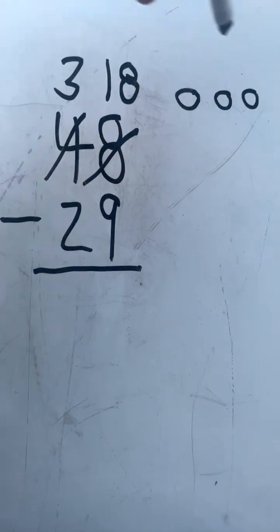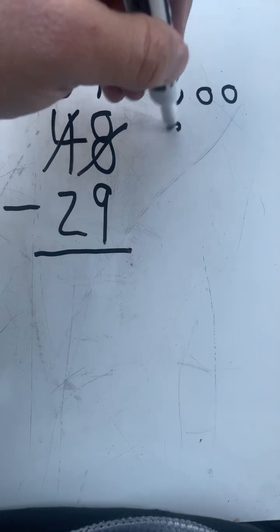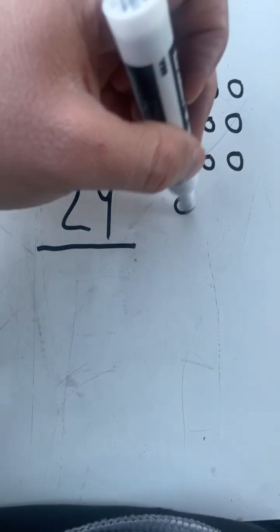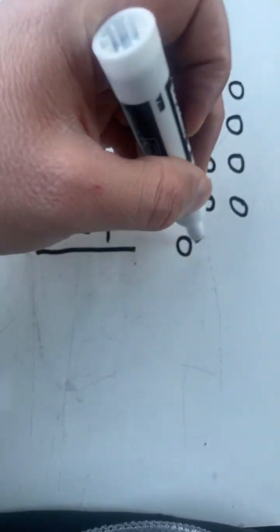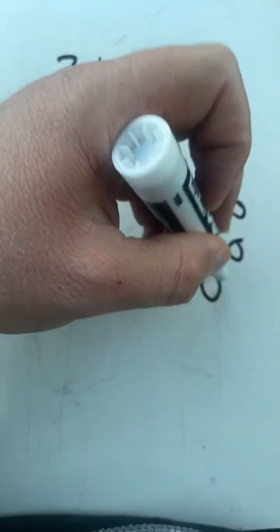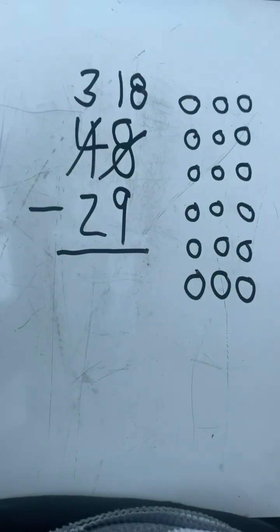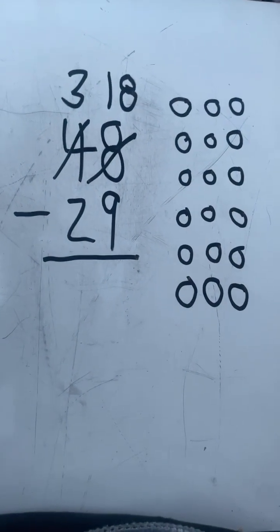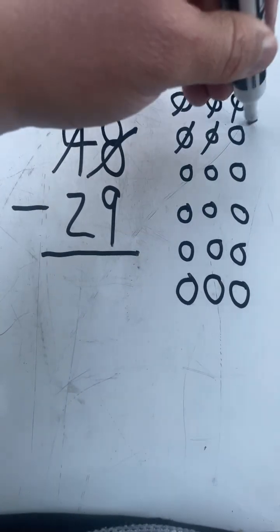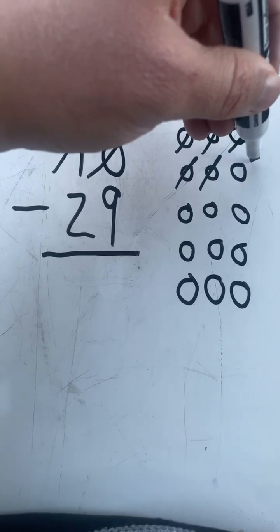1, 2, 3, 4, 5, up to 18. And now I'm going to cross out 9 of them. 1, 2, 3, 4, 5, 6, 7, 8, 9.